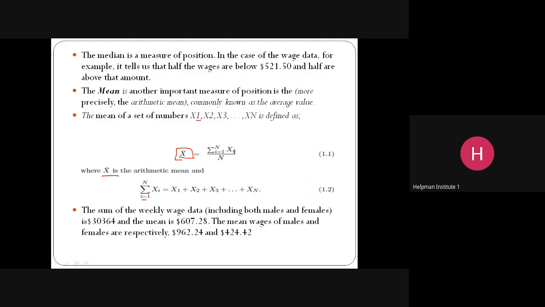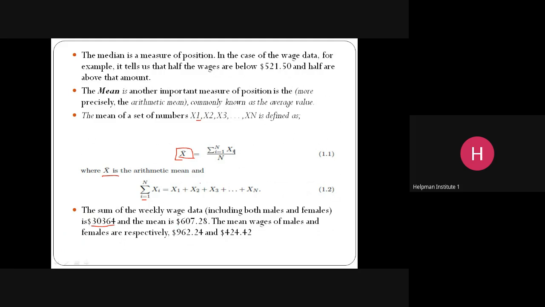Now, the sum of the weekly wage data, including both males and females, is $30,364. That's if we sum all the individuals, like this summation, i ranging from 1 to n of all the observations. If we sum them, we have this particular value here, which is the total. And then the mean is $607.28.